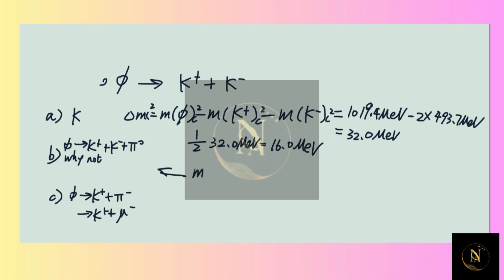And the reason is that if we look at the mass on the right-hand side, the mass of 2 K plus the mass of pi naught is going to be 1122 MeV. Previously we have the phi, the mass 1019. We have 1122.